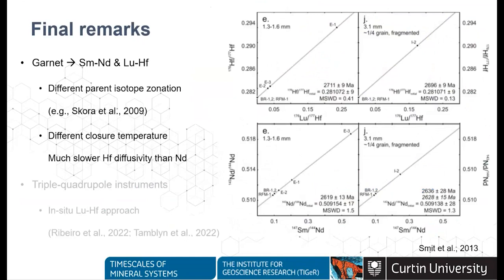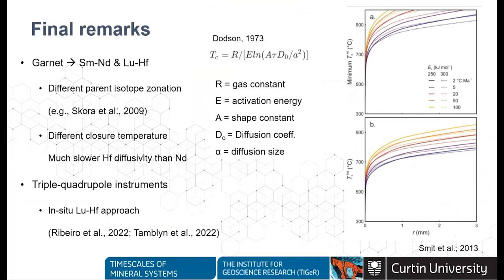For the same diameter of grain, we have a lutetium-hafnium age of 2711 plus minus 9, and a samarium-neodymium age of 2619 plus minus 13. This is all related to the distribution of the elements and also to the different closure temperature, with hafnium being much slower than neodymium, which causes a higher closure temperature.